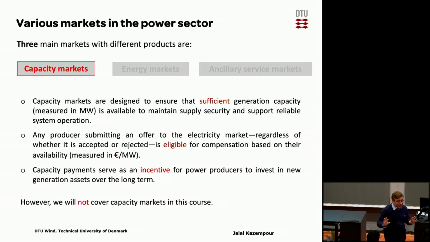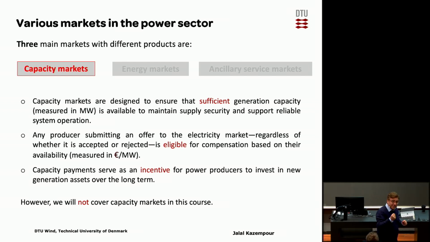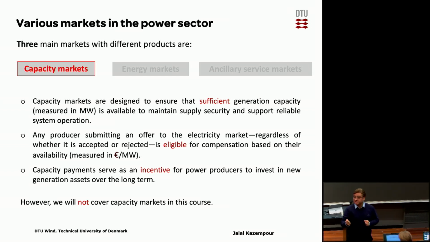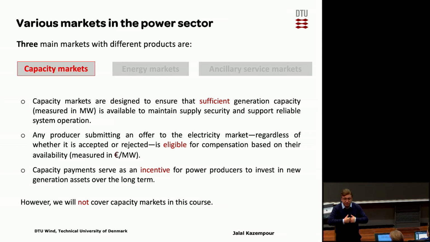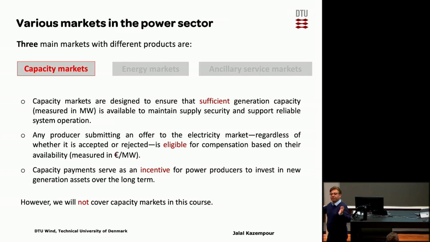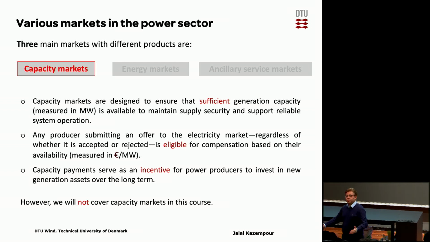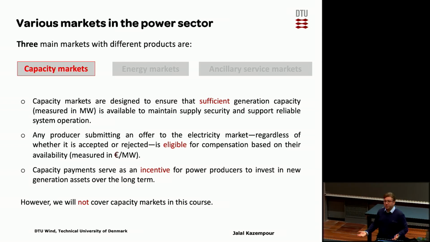And usually they are gas-fired power plants or some plants that we need only in very extreme situations. If we let them alone, hypothetically, for example, they are out of the market 95% of the times. They are producing maybe only 5% of the times.